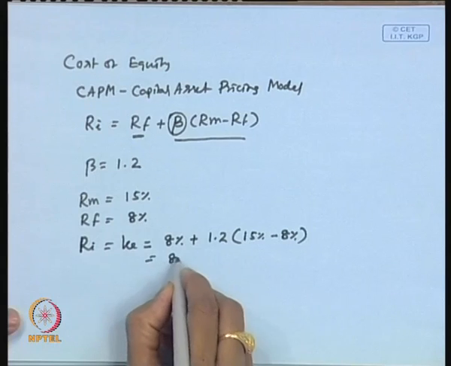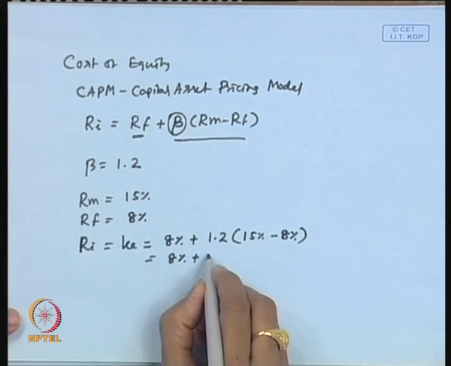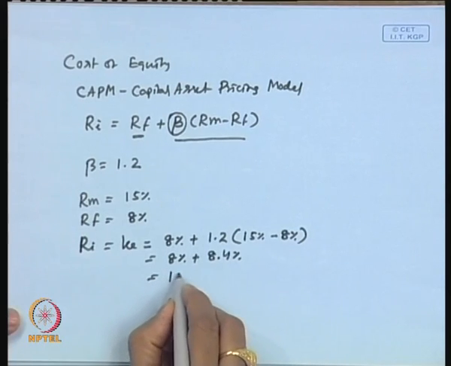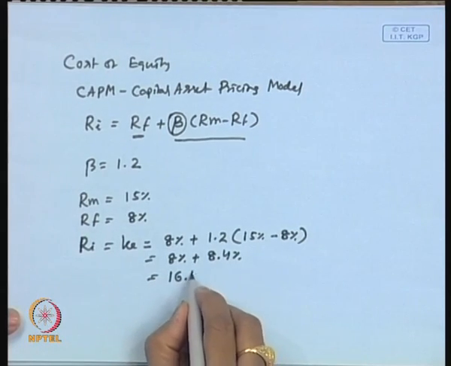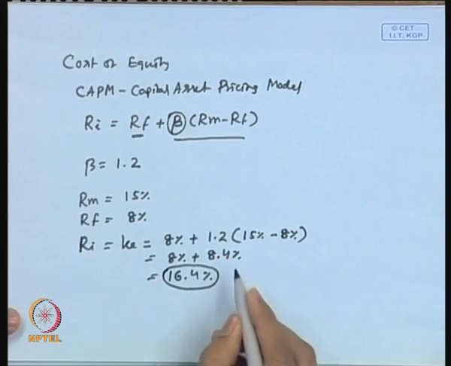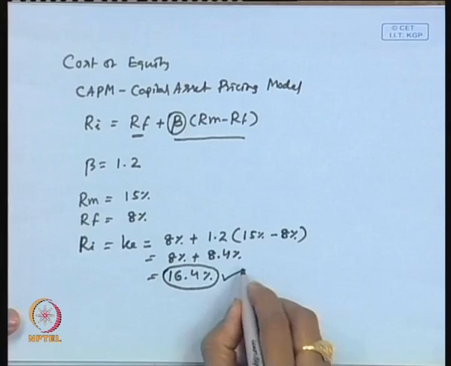So, that gives us 8% plus 8.4%, that gives us 16.4%. So, the discounting factor or the cost of capital from cost of equity for the matter is now 16.4%.